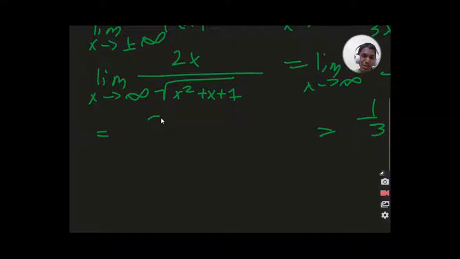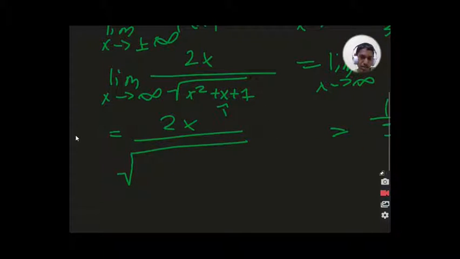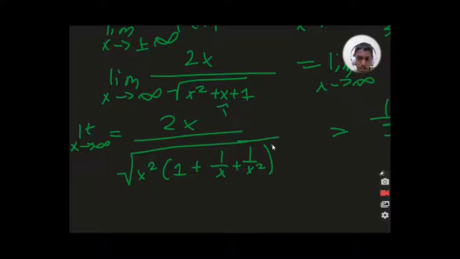This step might seem a little unintuitive, but we're going to factor out an x squared from that expression. What is that going to look like? The reason is the square root of x squared, we hope to cancel something out. I'll just write x approaches infinity. X squared times 1 plus 1 over x plus 1 over x squared.